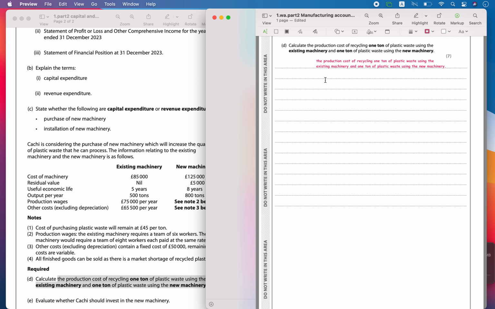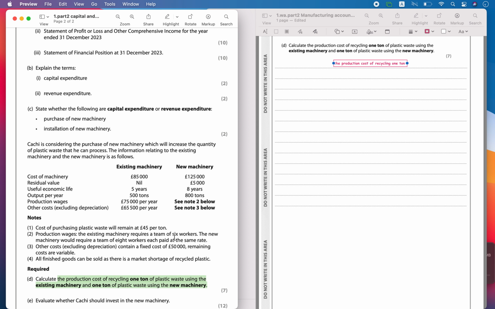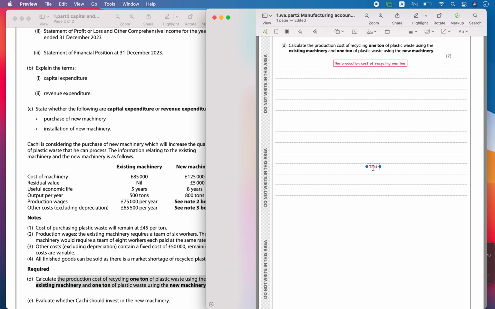For calculating the production cost for recycling 1 ton of plastic waste, the total production cost involves considering all the costs, the total annual production cost. Then we see the output quantity and divide to get the production cost for 1 ton.